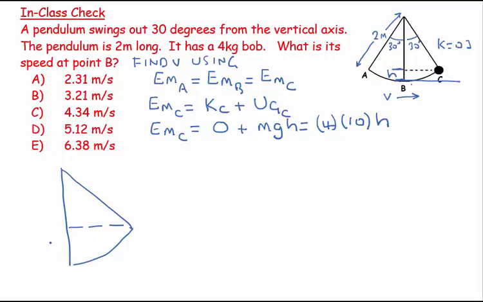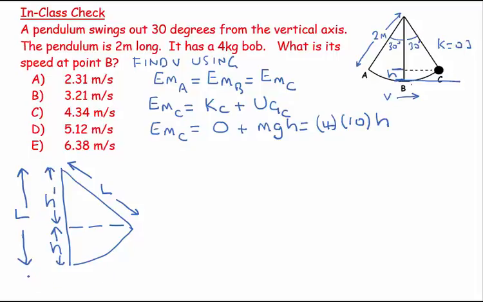So this is h. Let's say this is L. This is the entire length of the string, which is the same as L out here. And let's say this is H dash, it's just the other bit.